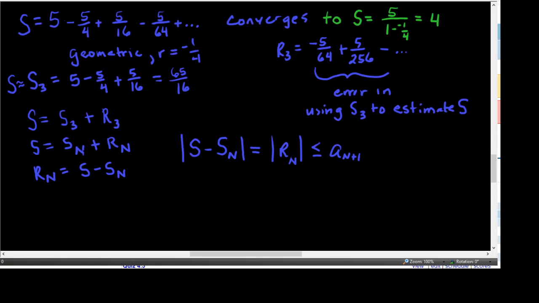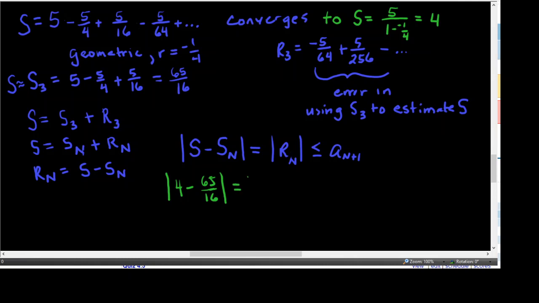So that's the actual sum. And my claim, based on this one example that I've drawn, is that the actual sum is 4. If I were to take away s sub 3, which we got was 65/16, that's the distance between the actual sum and our approximation. We subtract to get the difference between them and take the absolute value to make that positive.